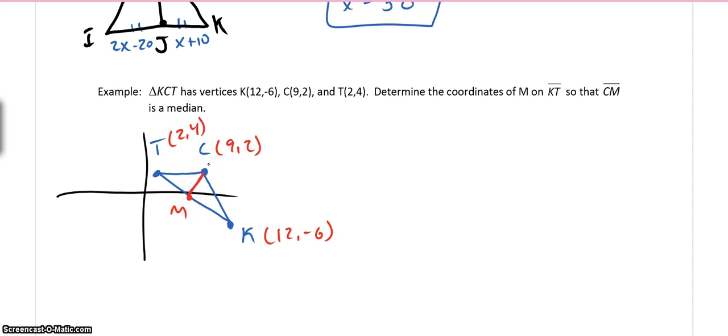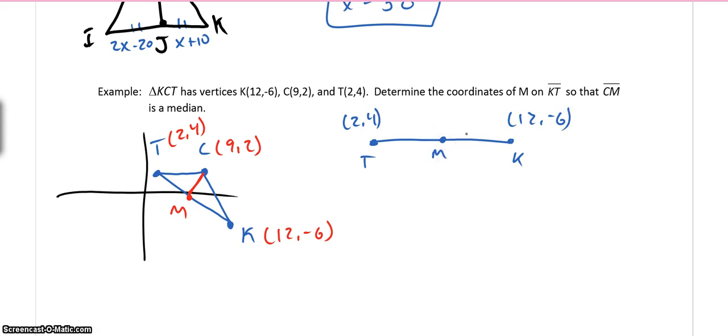All right, so in order for CM to be a median, we know M has to be right in the middle. So given segment TK, with T being (2, 4), and K being (12, -6), we've got to find the exact middle, point M.